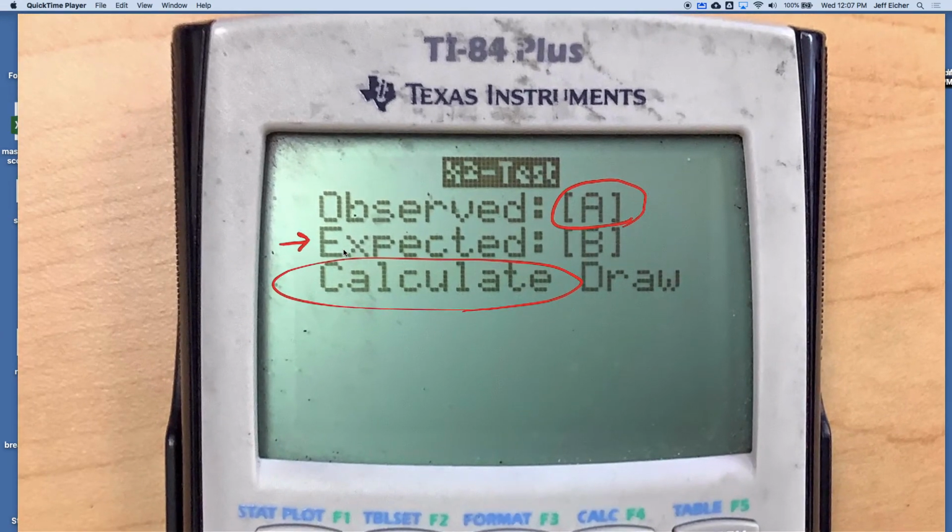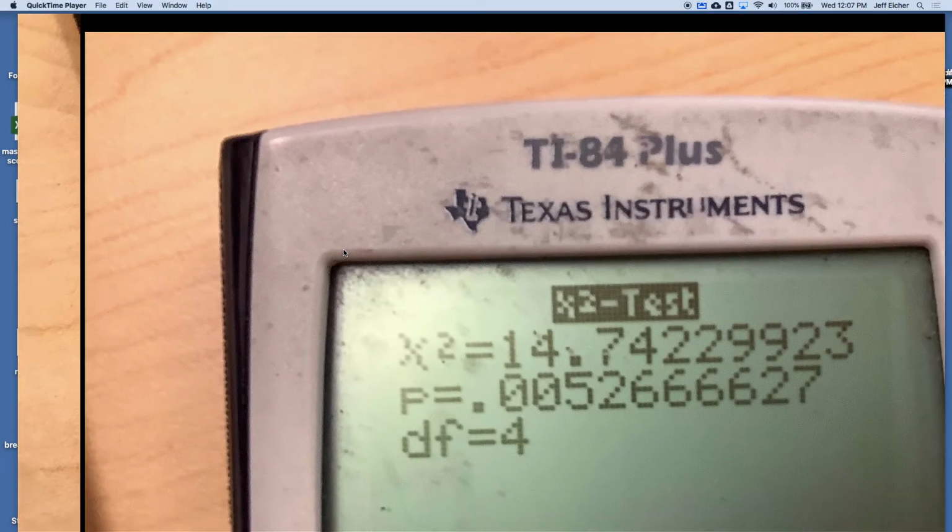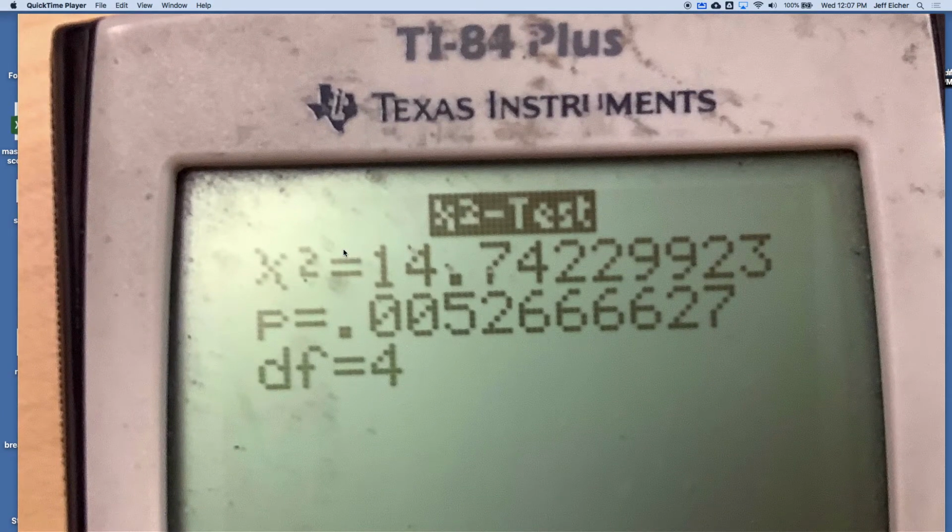And you should get an answer of, take a photo. You should get that chi-squared. Did you get that? Yeah. Good. That chi-squared and that p-value with 4 degrees of freedom. So 14.7 and a very small p-value.